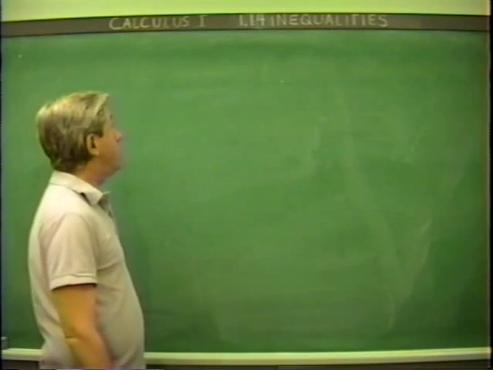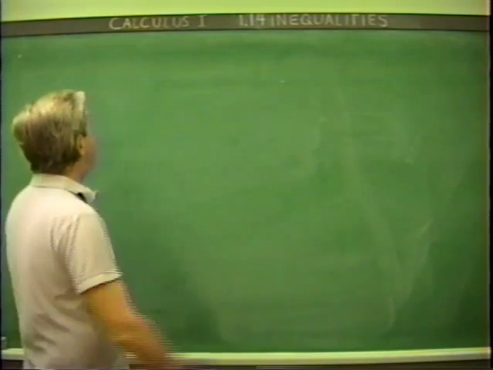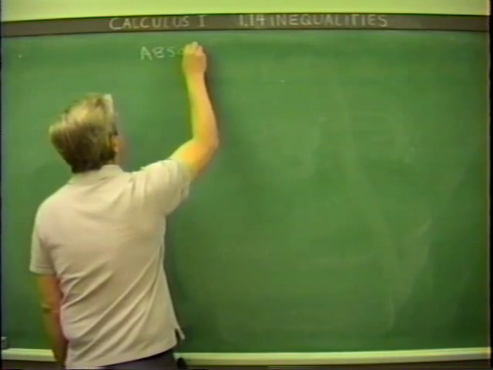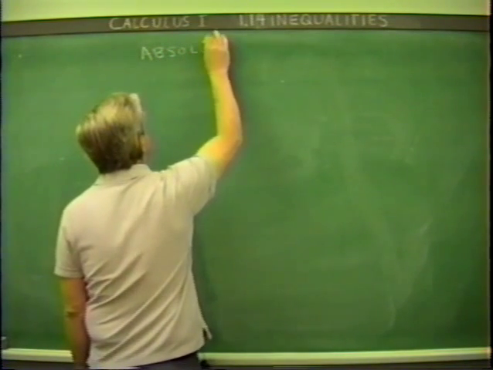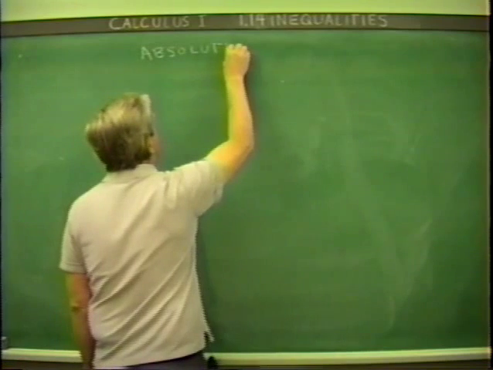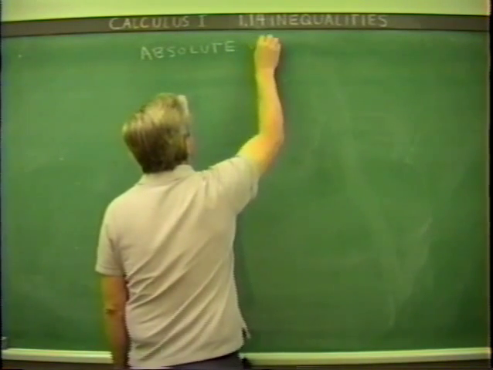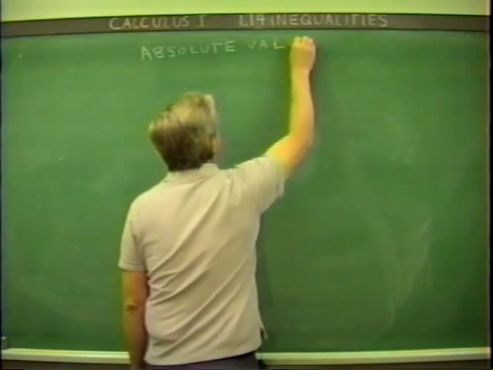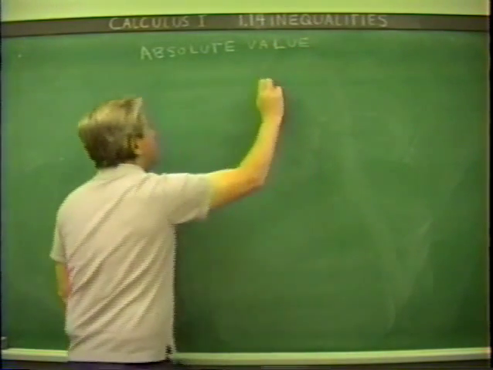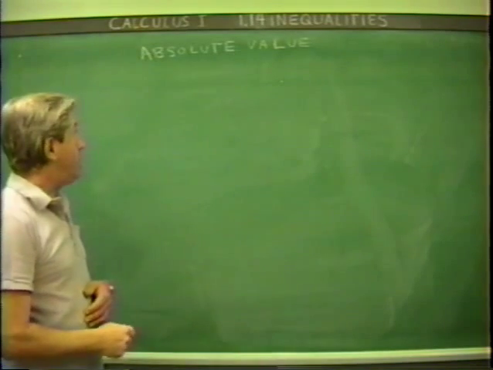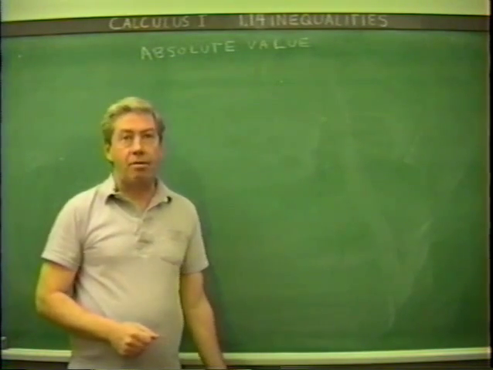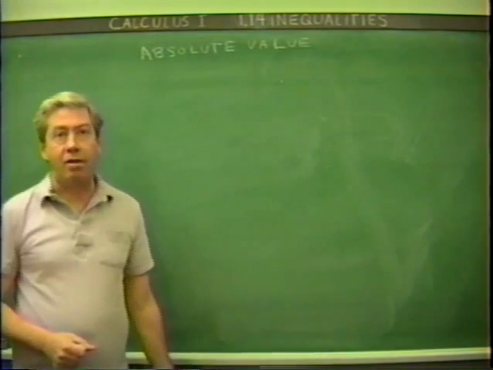We're still considering inequalities here, but we're now going to consider something which occurs frequently within mathematics because it's used in representing distances and things of that nature, and that is absolute values. The idea of the absolute value of a number is a very simple one, and can be taught to a young child very easily.